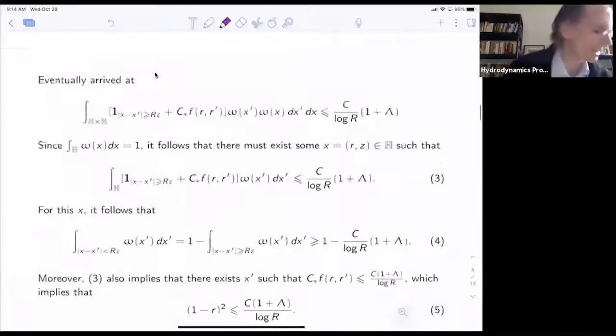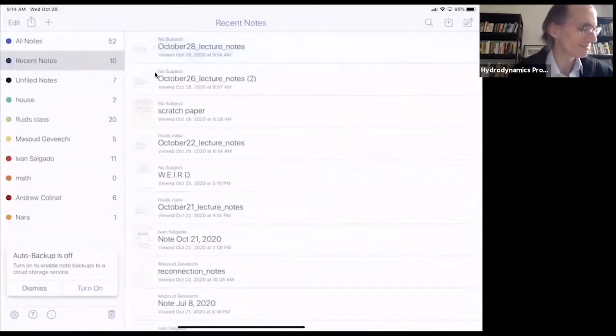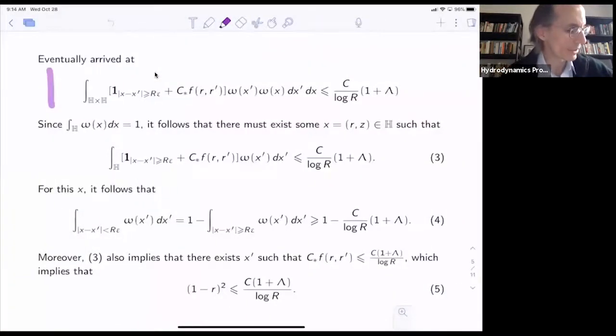And so finally, this is the point we arrived at the end of the hour. We got to here. And so the great thing here is that we have this term. This tells us that the integral of f is small, and so again, we're concentrating near where r is equal to 1.